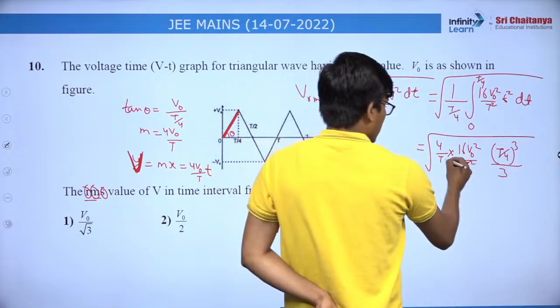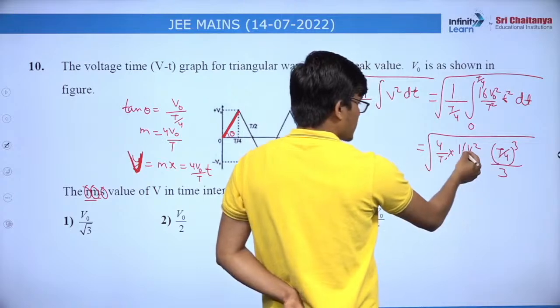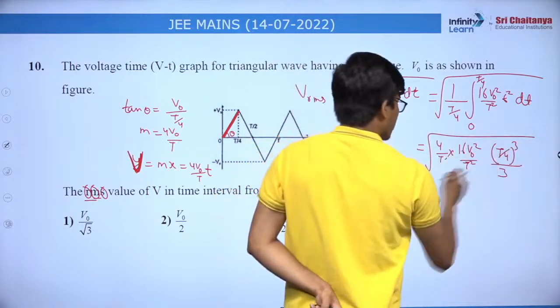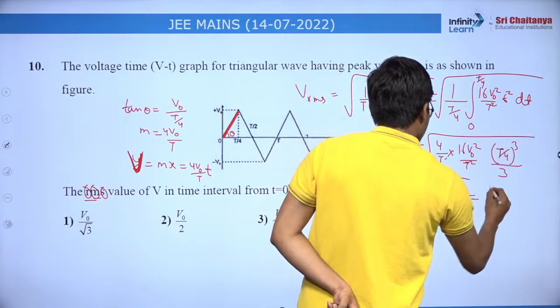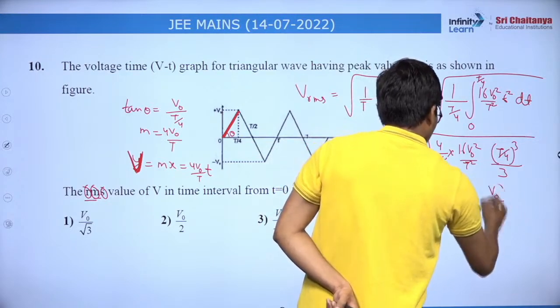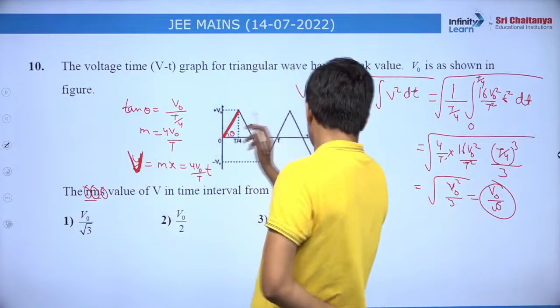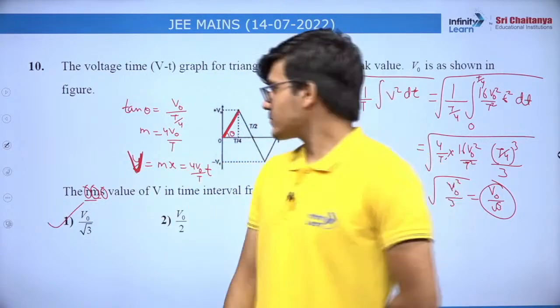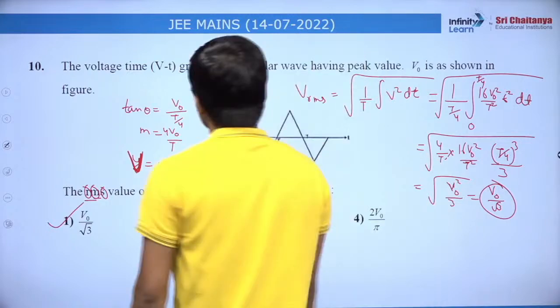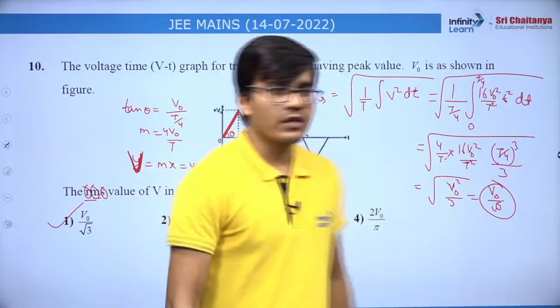T cube will get cancelled. 16 into 4 is 64, 4 cube is 64. So the RMS value has to be V0 by root 3. That is in the first option. So a very simple mathematical question from the AC chapter to calculate the RMS value.